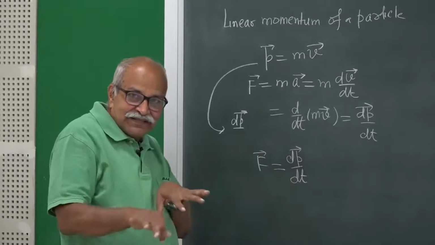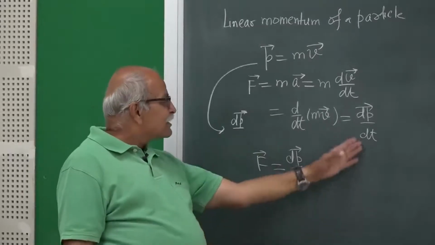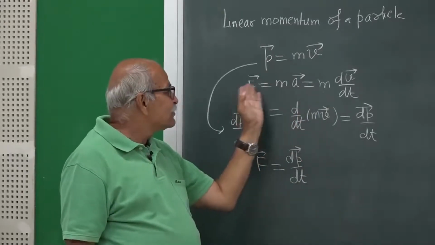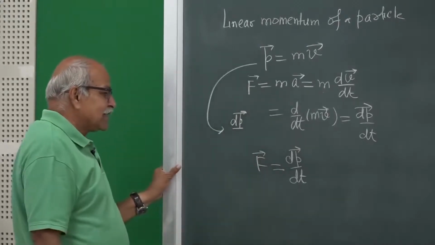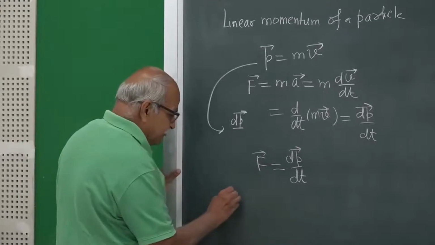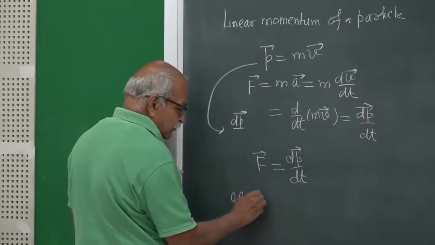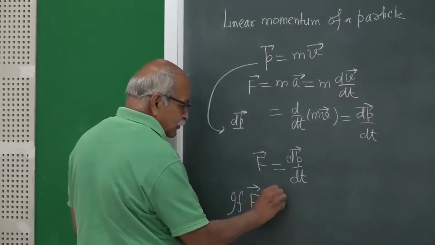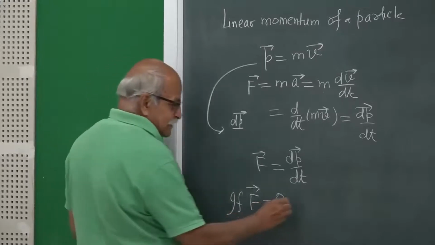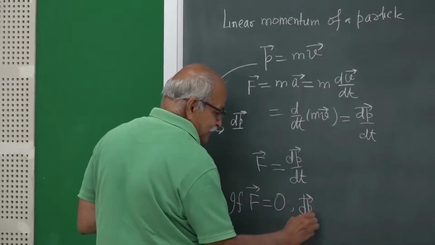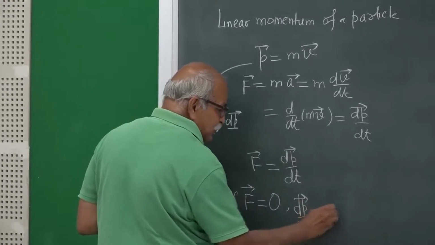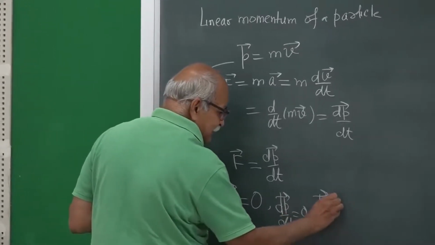That is how Newton started, and then from here we go to F equal to ma. So, this is about force and P, and if this force is 0, force on the particle is 0, dp dt is 0, and that means P is constant, linear momentum is constant.